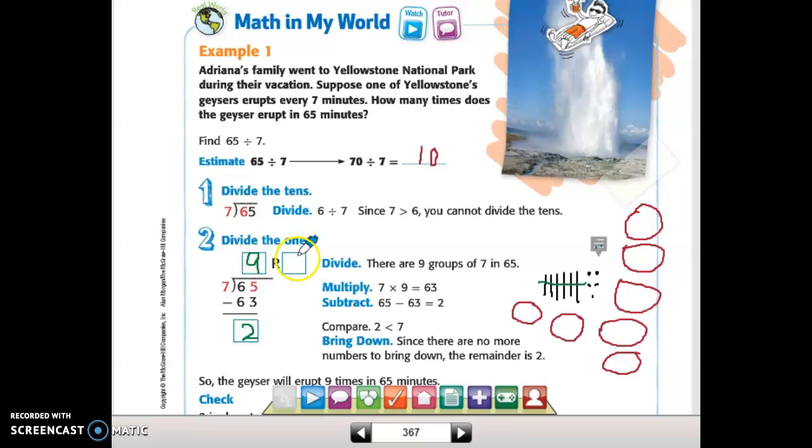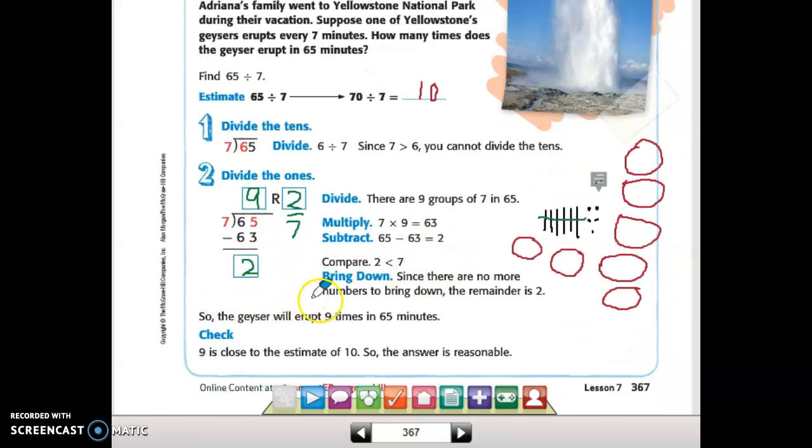And we're going to write ours the advanced way, which would be 2 7s. For our practice, so 9 and 2 7s. So the geyser will erupt 9 times in 65 minutes. 9 is close to the estimate that we had here of 10, so the answer is reasonable.